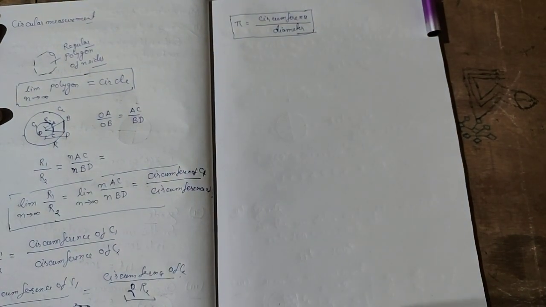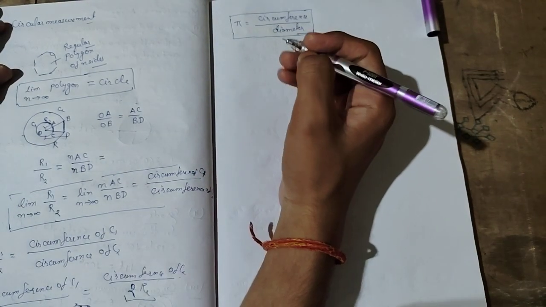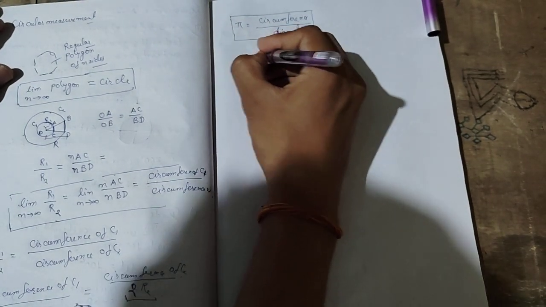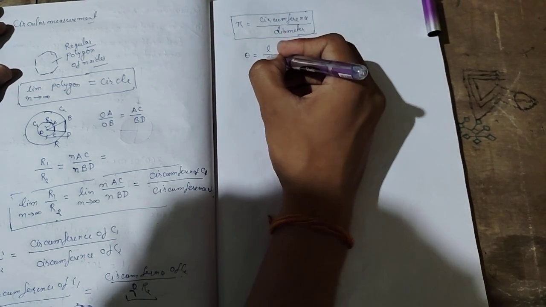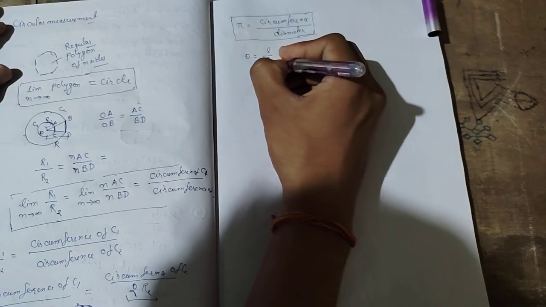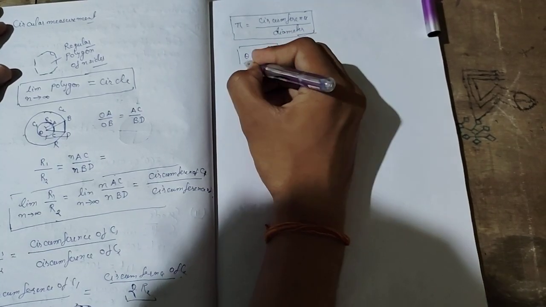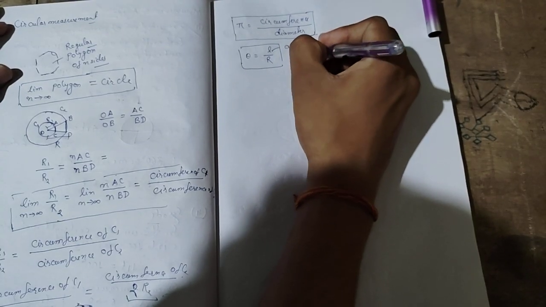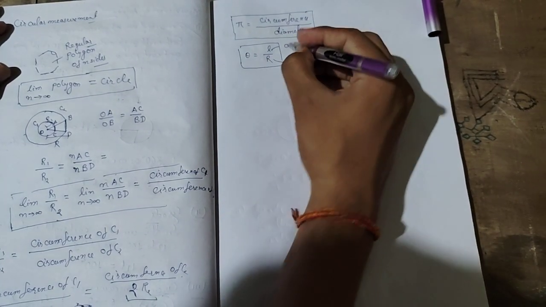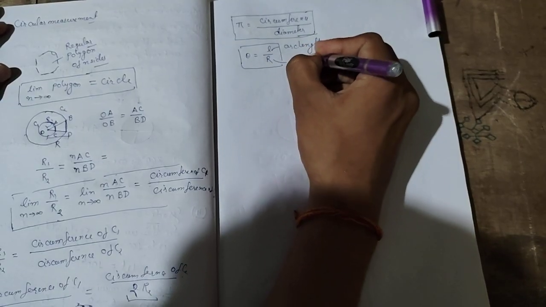So we have defined theta as equal to L by R, where L is the arc length and R is the radius.